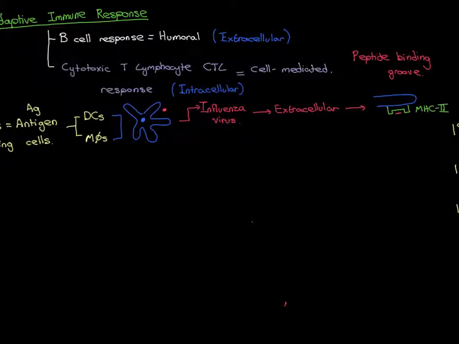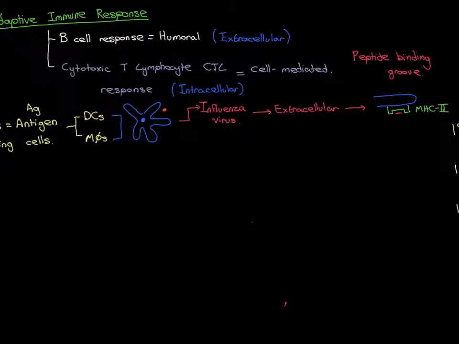And it won't just do this for one peptide. It will do this for loads of peptides. It's got a huge number of peptides from cutting up the proteins of the influenza virus. So all over its surface, it will now put MHC class 2 molecules with different peptide fragments in the peptide binding groove. Now, at the same time, there won't just be one antigen-presenting cell doing this.